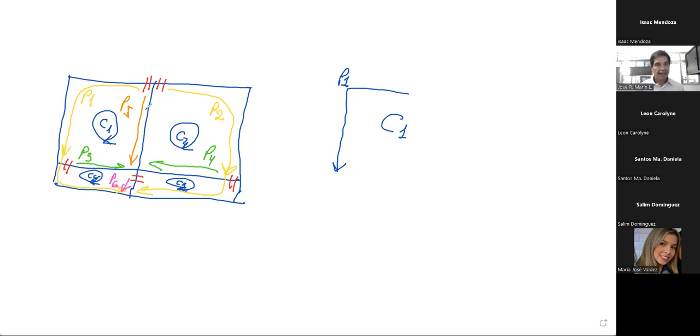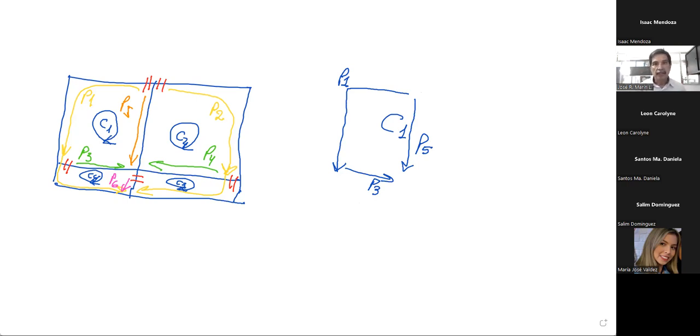Now, on the right-hand side, we have path 5. And finally, here you have path 3. So these 3 parts, path 1, path 5, and path 3, form cell 1.